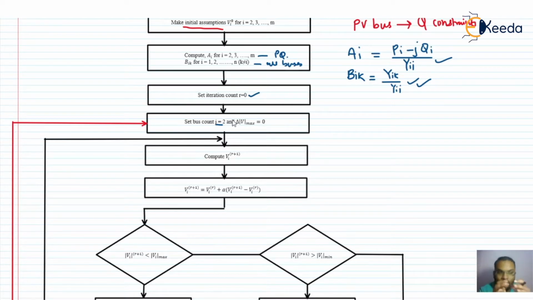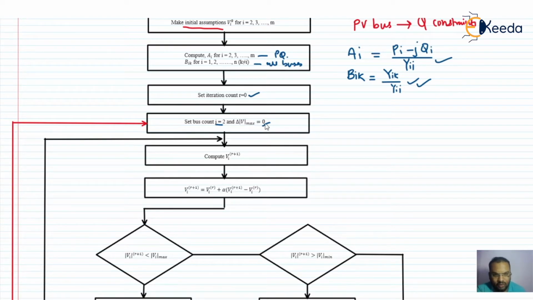Whatever losses we compute in the whole system, we assign those losses to the slack bus, or to the generators connected on the slack bus. Again, let us set the maximum change in voltage to be 0.